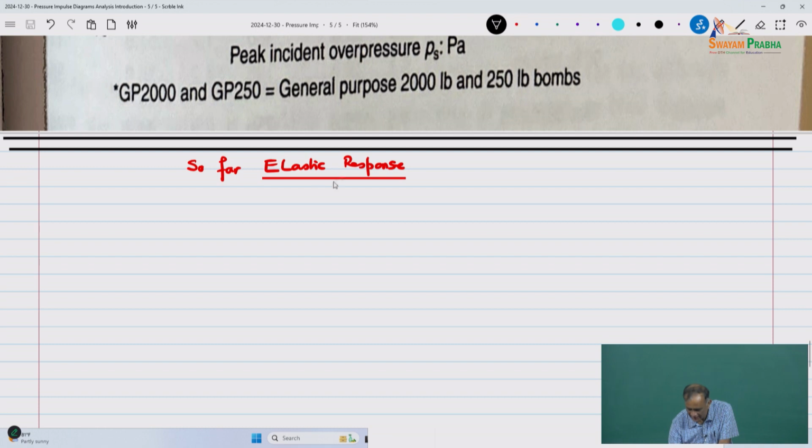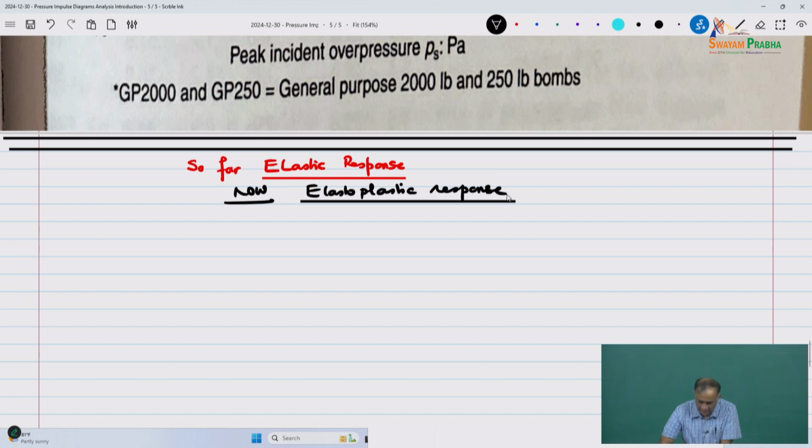Now we will look at the elastoplastic response. And primarily the reason is, in normal loading, your elastic response is sufficient.